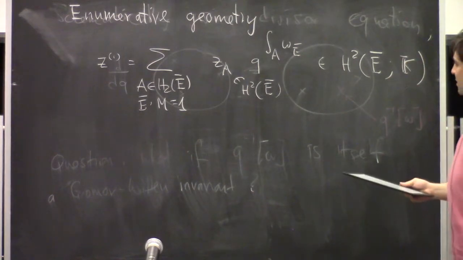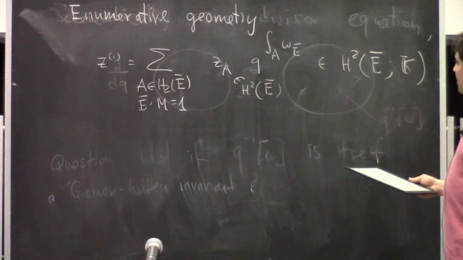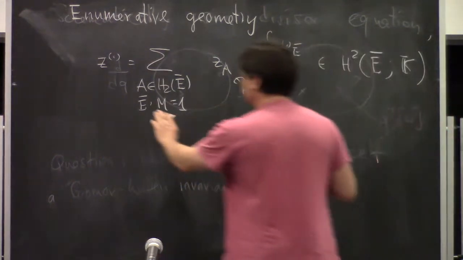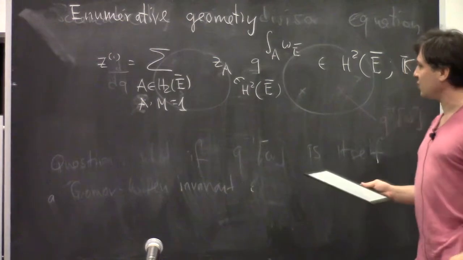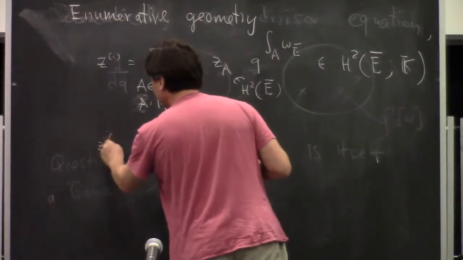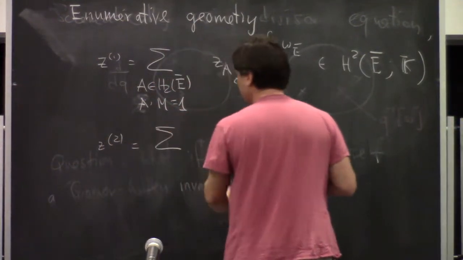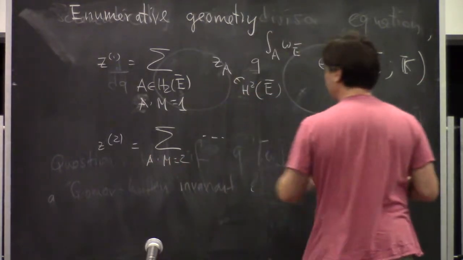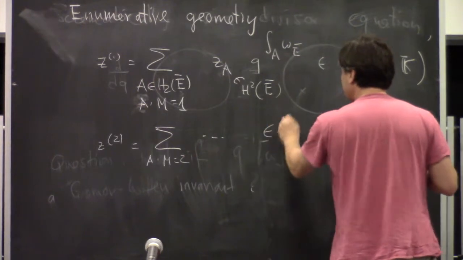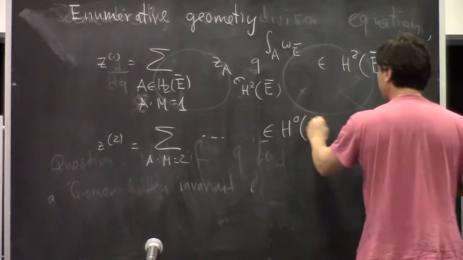Do you mean here A times M is equal to 1? So what is A? Excuse me. Yes, thank you very much. A times M is 1. Yeah. So these are sections, and the other non-trivial coefficients that you have are where A times M is 2. So these are bisections. But in this case here, this lies in H upper 0.